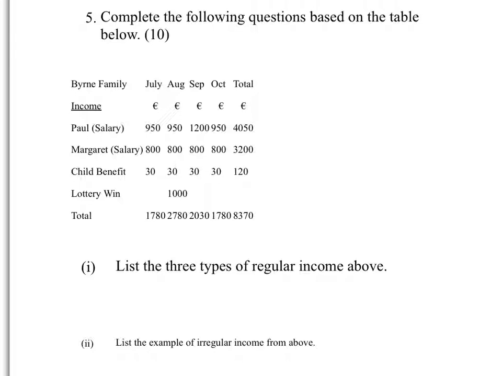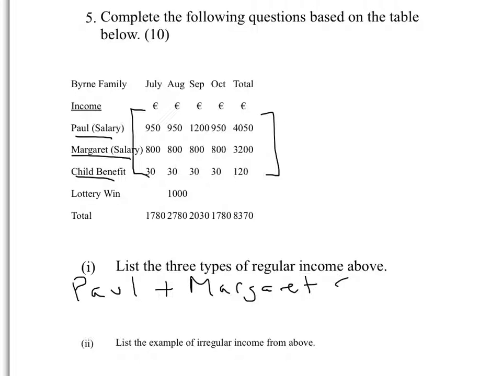Automatically, if we look up there, we see that the salary of Paul, the salary of Margaret, and the child benefit are all incomes that they receive on a regular basis. So it will be Paul plus Margaret's salary and child benefit.